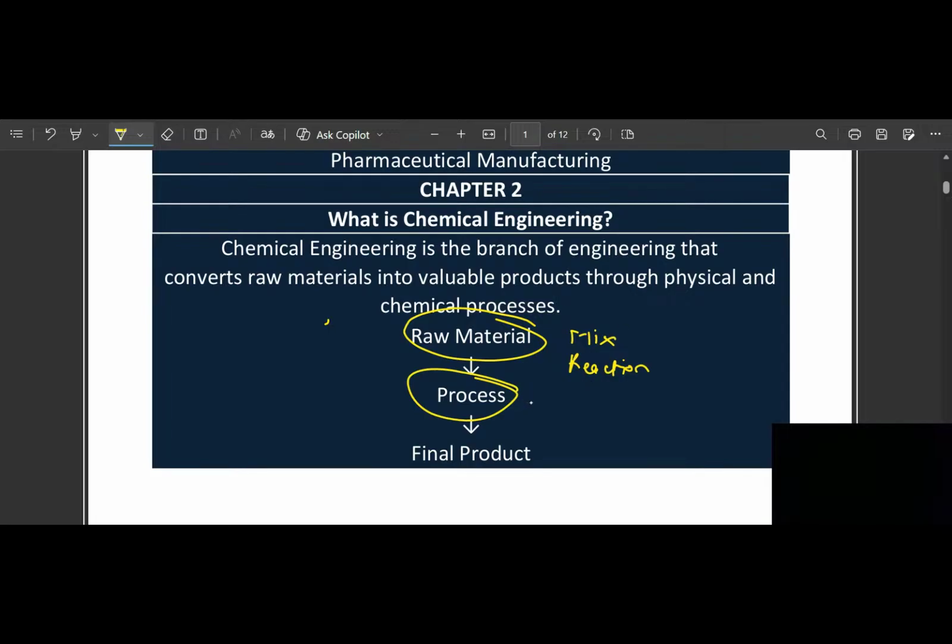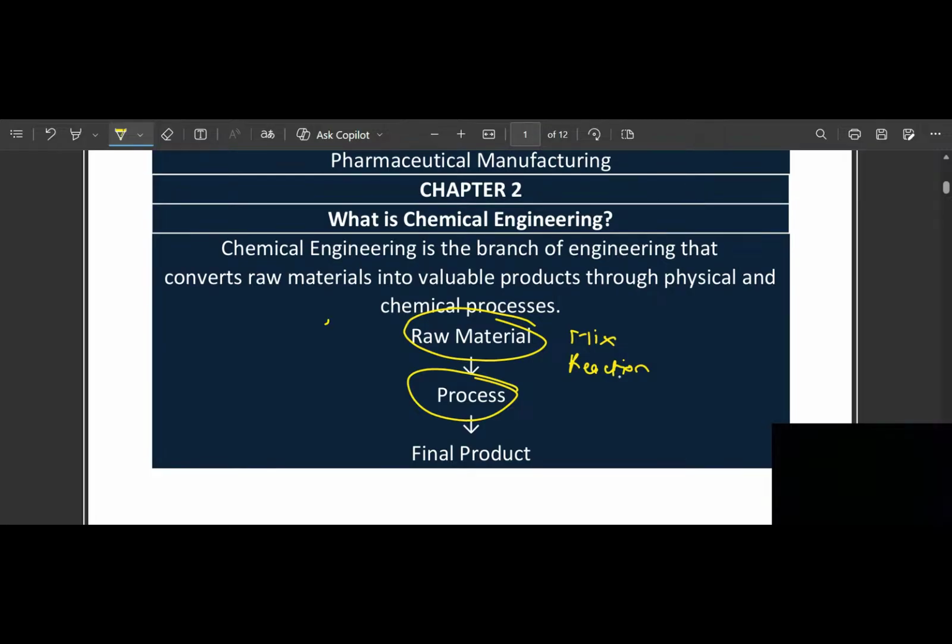That is your process. With the right amount of temperature, pressure, or moderate conditions, we can get the final product. To perform this process, a lot of equipment or process plants are used. Unit operation and unit process are different things.